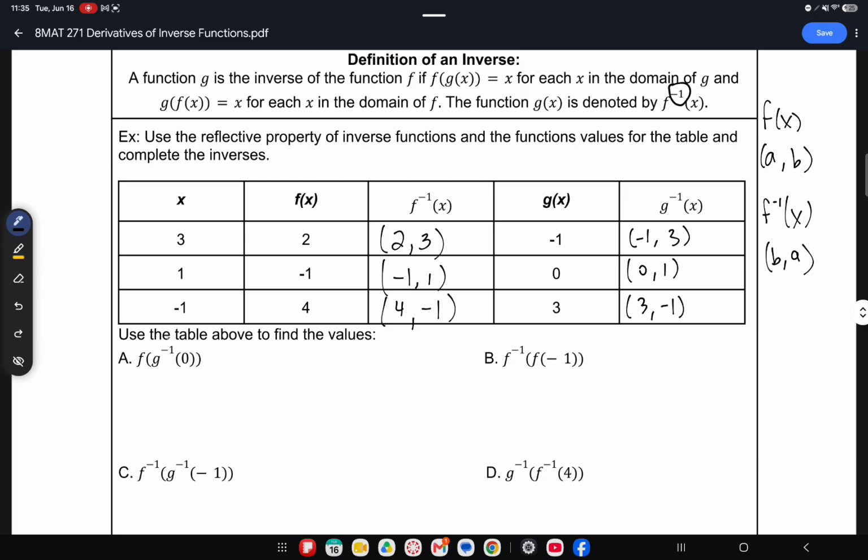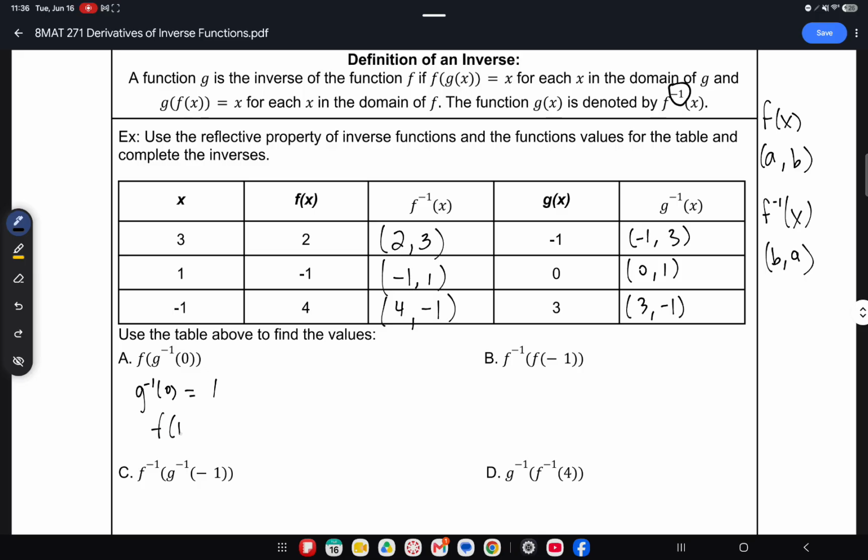Right, so now let's find some values. So we want to find f of g inverse of 0. So let's do the inside first and do g inverse of 0 and find that. So here's my inverse, and with 0 being the input, I want an output of 1.